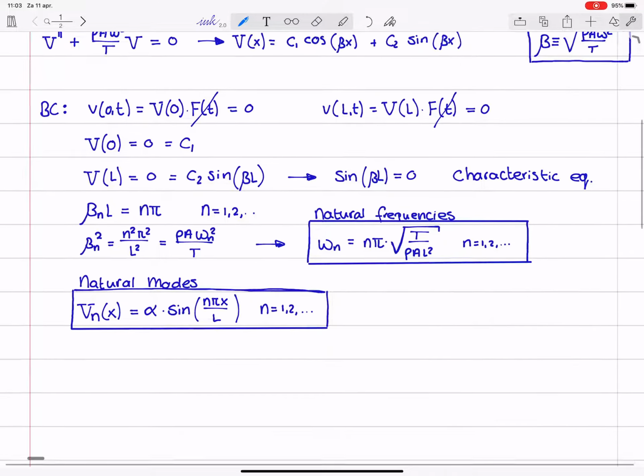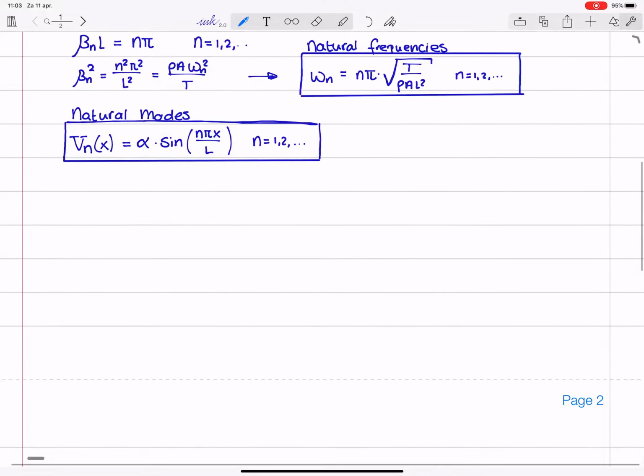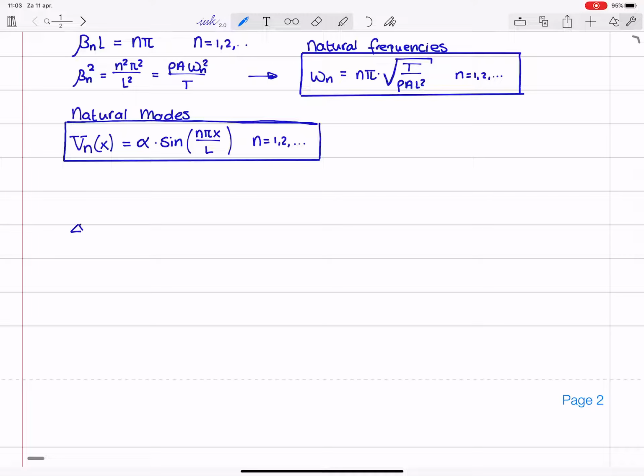So let me try to sketch this maybe. Let's see how my drawing skills are today. If this is the string, then the first natural mode looks like this. It is just half a sine.